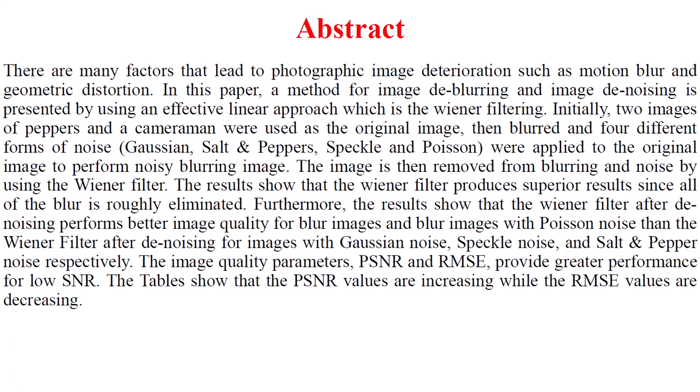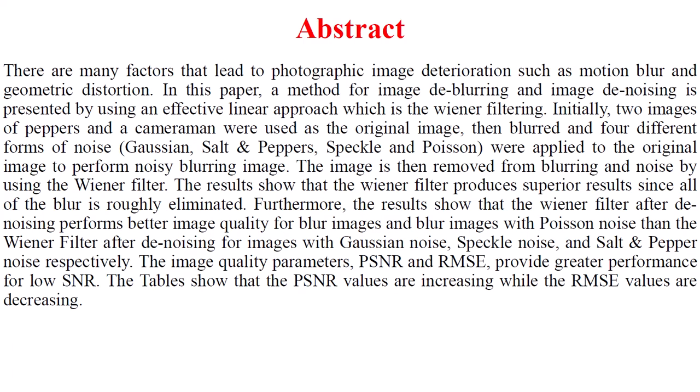Initially, two images, a paper image and a cameraman image, were used as the original image, then blurred, and four different types of noise were applied: Gaussian noise, salt and pepper noise, speckle noise, and Poisson noise.